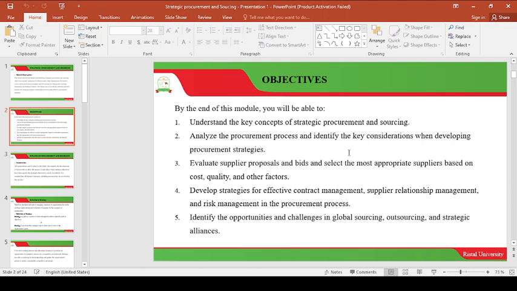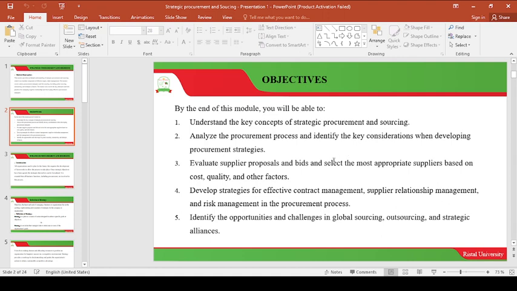You will also be able to evaluate supplier proposals and bids and select the most appropriate supplier based on the available evaluation criteria, that is cost, time, quality, and other factors.